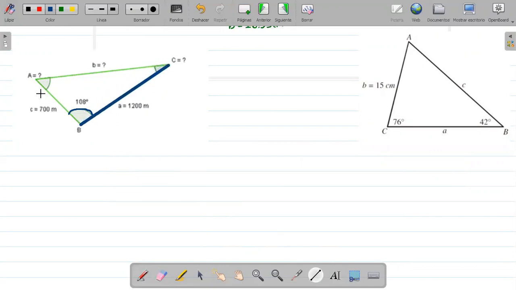And I think it's the first case that I mentioned, okay? Because what are the unknowns? The unknowns are those angles, I mean the angle A, the angle C, and the side over here, which is the side B.